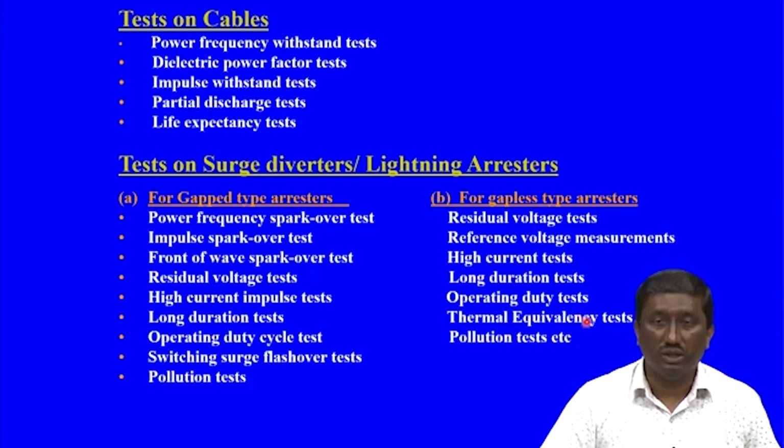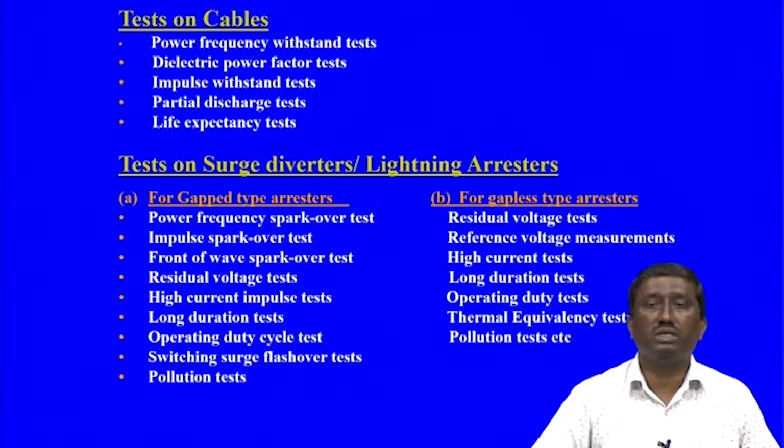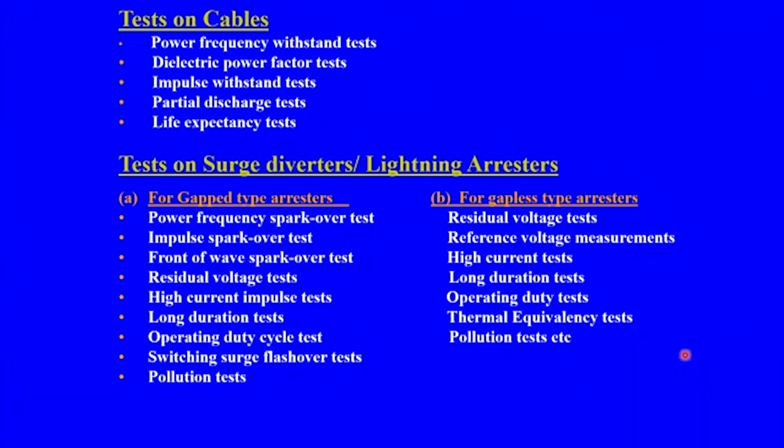The thermal equivalency is one thing which is not available here. The thermal equivalency is done for the gapless arrestor because there are no gaps in between each resistive element. So, there will be a continuous flow of leakage current in the field. It will be in terms of microamps, but the temperature could increase over a period of time.